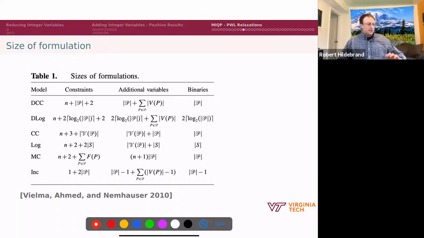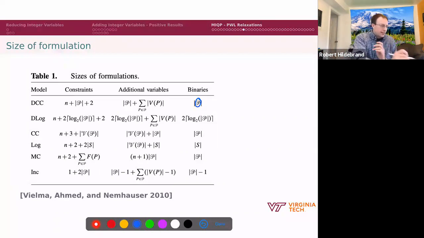Okay, so first thing I want to point out with respect to it being like a simple formulation. So this nice paper by Juan Pablo and friends from 2010, they went through and really investigated different ways to model piecewise linear functions, and they actually did this in higher dimensions. And so they have the script P for like the number of polyhedra to model different sections of your piecewise linear function.